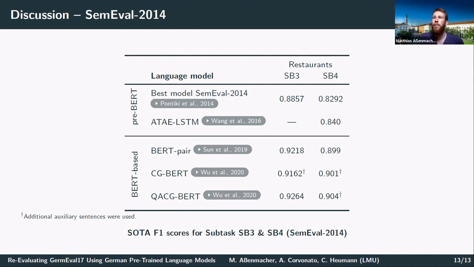Yeah, it was something we came up with on the fly. The whole master thesis project of Alessandra started out with the idea of, hey, it might be cool to have a look at this old data set and see how BERT can improve this. And then we wanted to do something more for the discussion part of the paper. We stumbled across the GermEval data set, which is pretty popular.